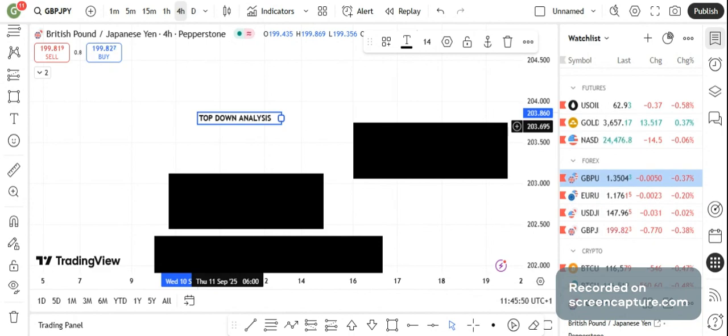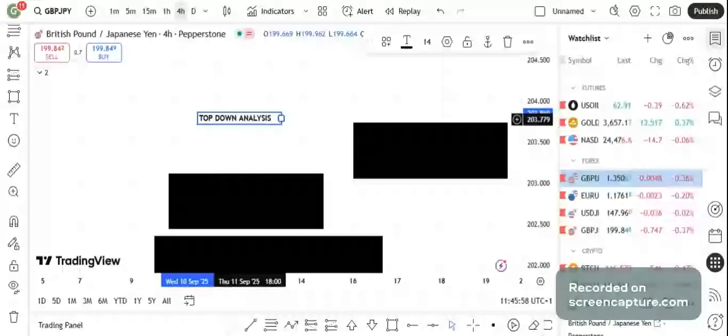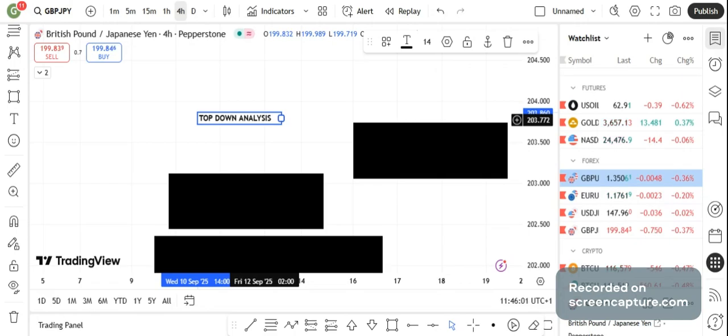So what do we mean by top down analysis? In trading, before you can do analysis, you have to make sure that you do your top down analysis, because it is so very important.